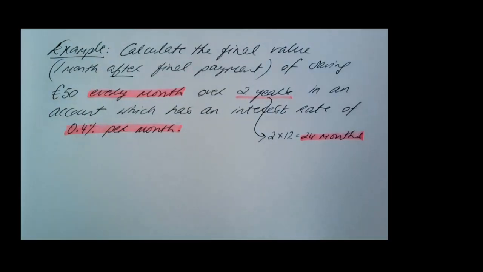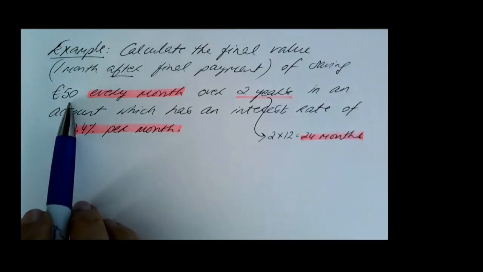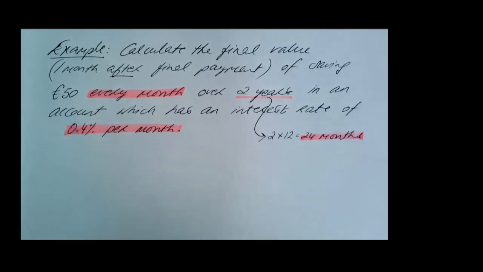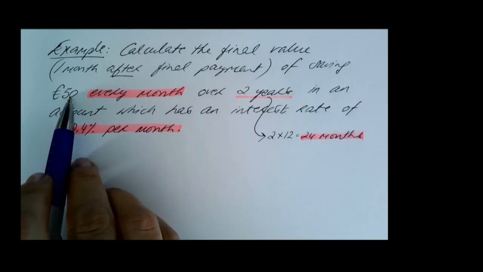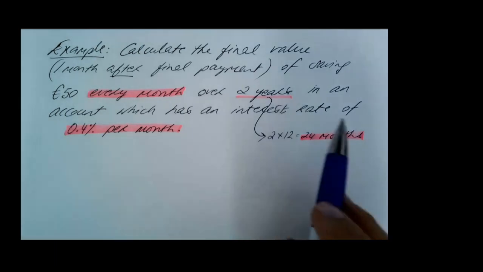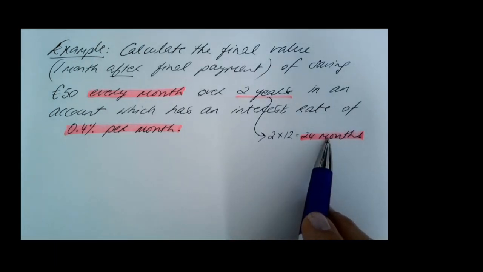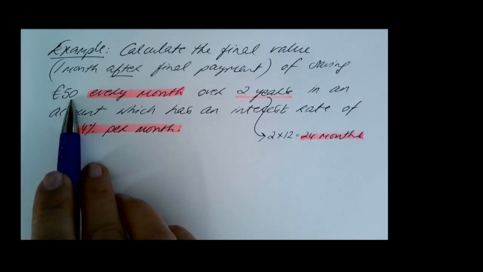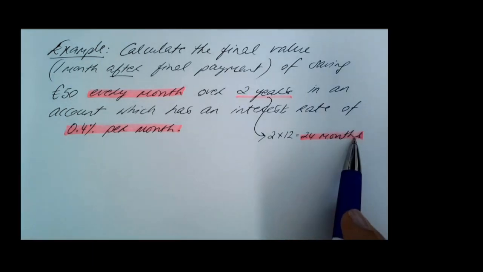Okay, so the next thing we need to consider now is, in my first installment, right, the very first 50 euros that I put into that savings account, that is going to be in the account for the full 24 months. That very first investment or installment of 50 euros will be in the savings account for the full 24 months, okay?